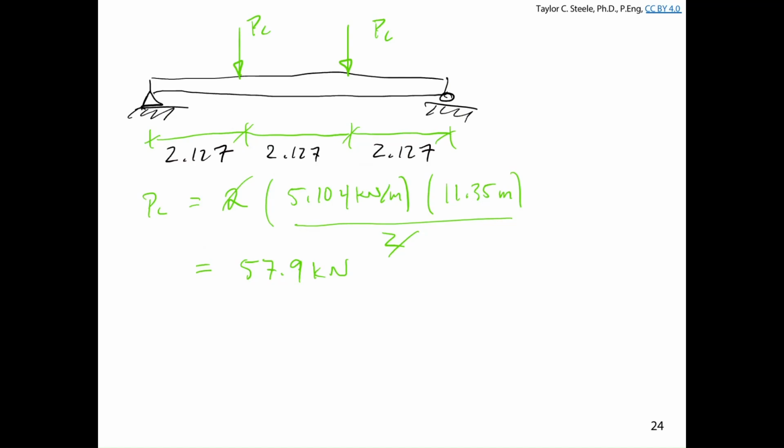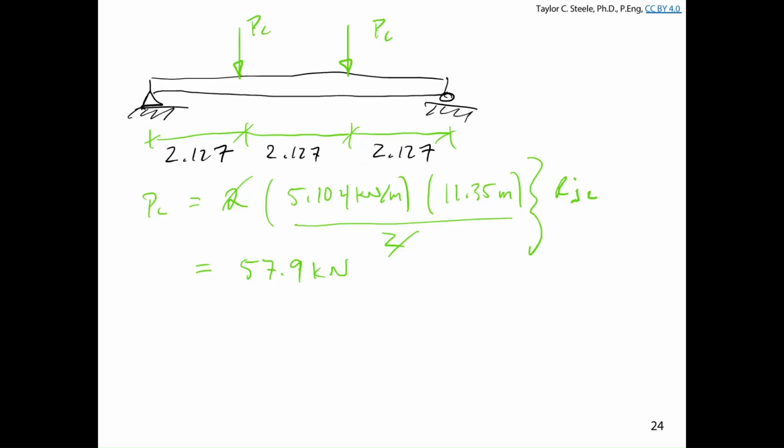Okay. So just statics that we should already know how to do. We've got the reaction of the joist from live load. We have 2 of them because we've got 2 joists framing into that girder, and that gives us a point load of 57.9. Again, probably even more likely that we could reduce this live load based on the live load reduction factor for the girder.